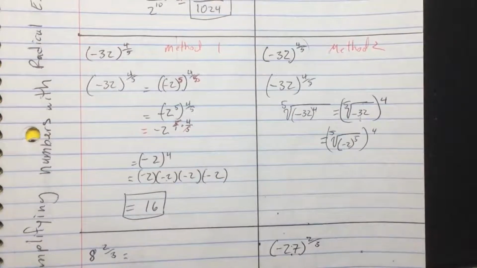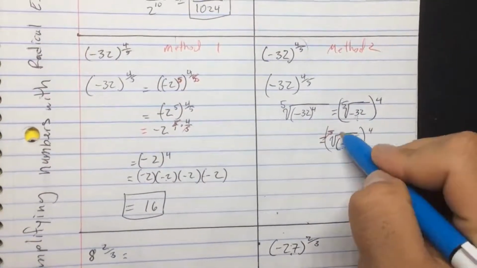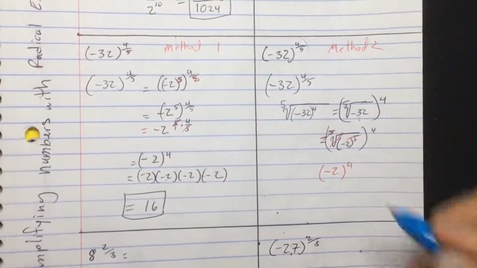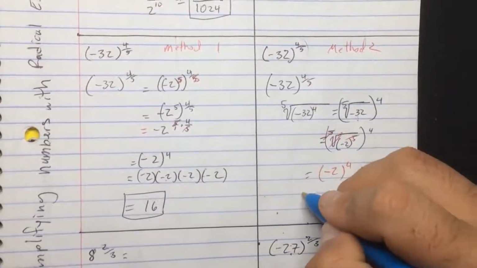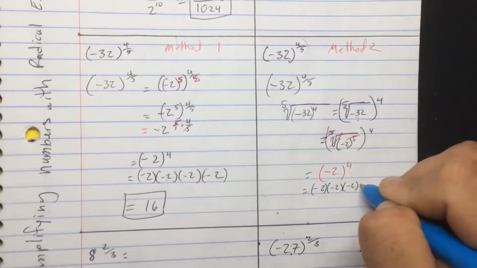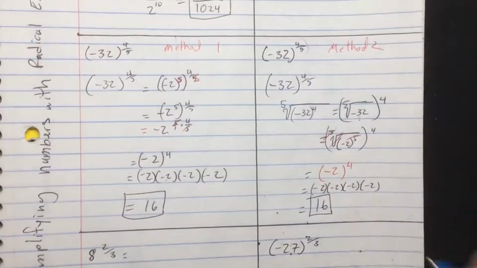But we know now that if you have a 5th root of a 5th power, these reduce, leaving us just with negative 2 to the 4th power, which is what we had over here. So this is also going to be equal to negative 2 times negative 2 times negative 2 times negative 2. And once again, this is also going to give us our 16.